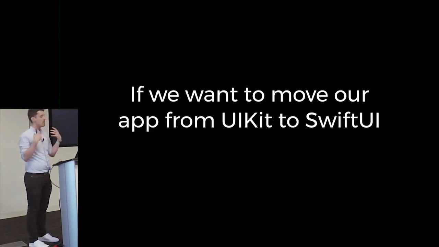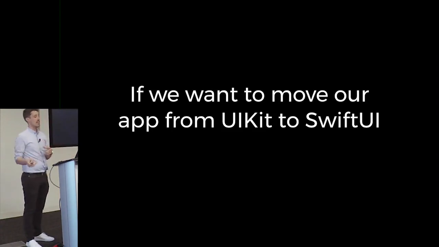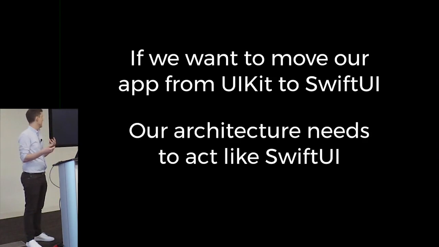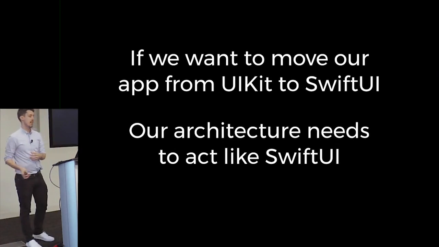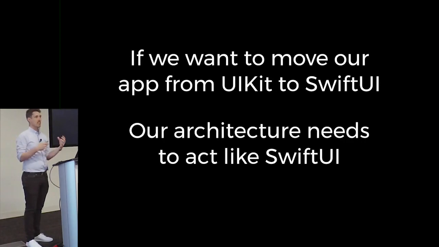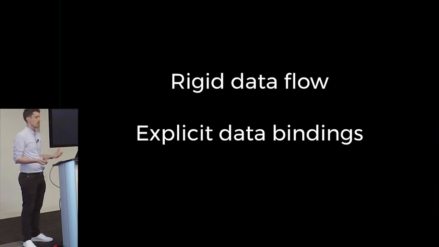So if we want to move our app from UIKit to SwiftUI, what we need to do is have our architecture act more like SwiftUI. And what characterizes SwiftUI? Well, in my opinion, and what's worked for me, is rigid data flow and explicit data bindings.